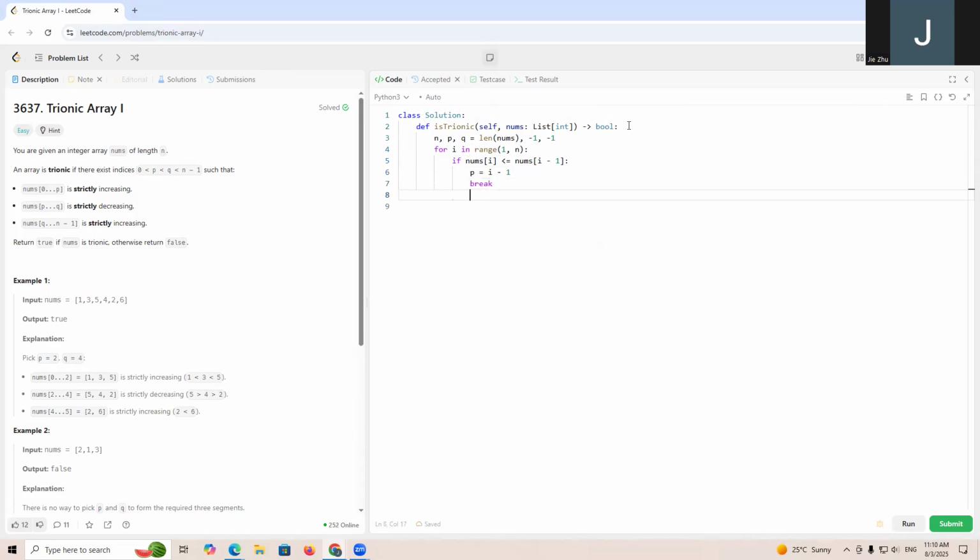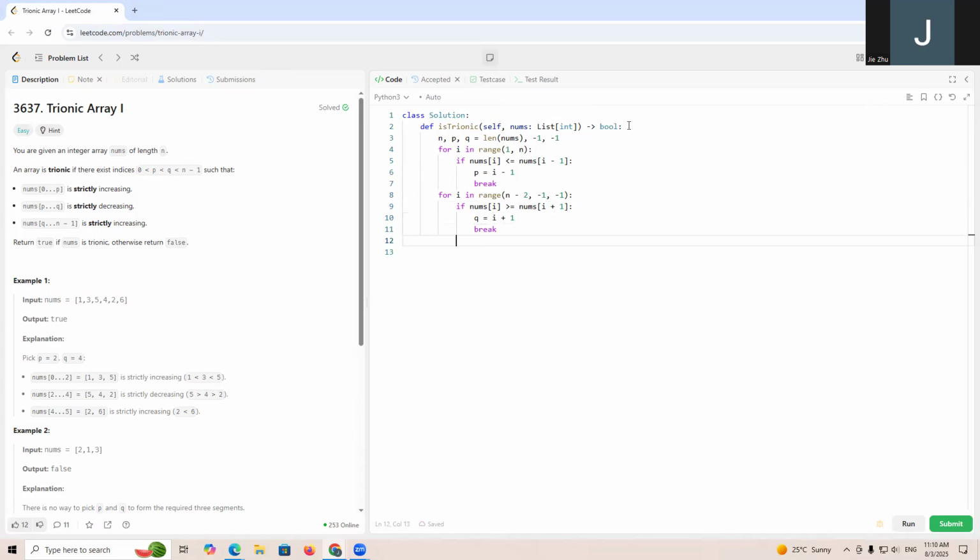And also for i in range n minus 2, -1, -1, we have if nums[i] is greater or equal to nums[i+1], then q equals i plus 1 and break.